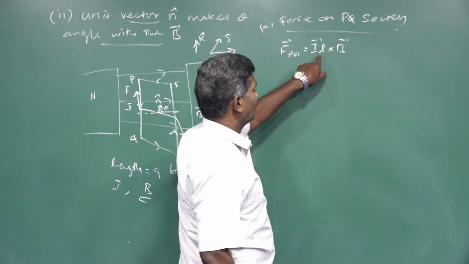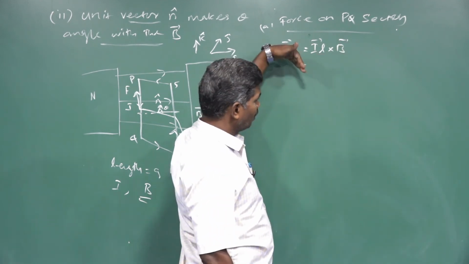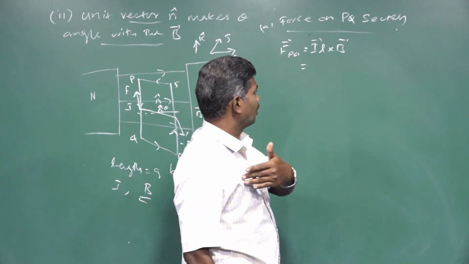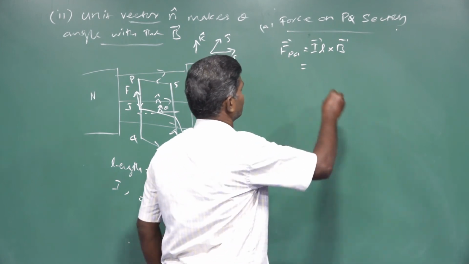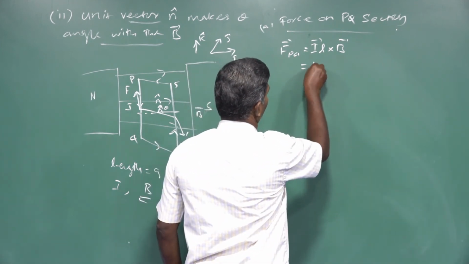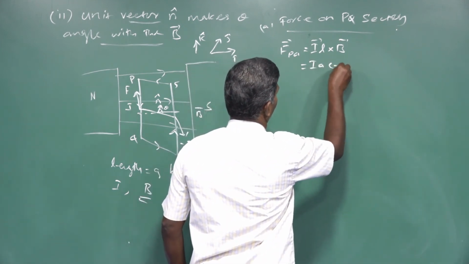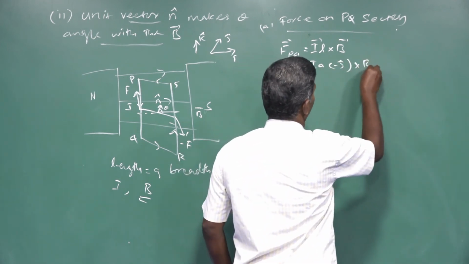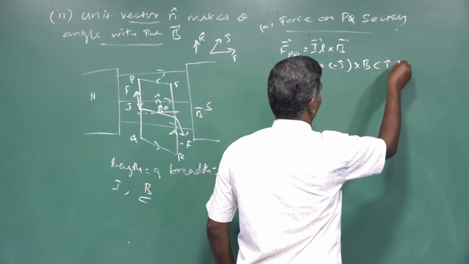Then the length side, that PQ length side acts along the negative y direction. That's why I a into minus j cap cross B can be taken as B into I cap.